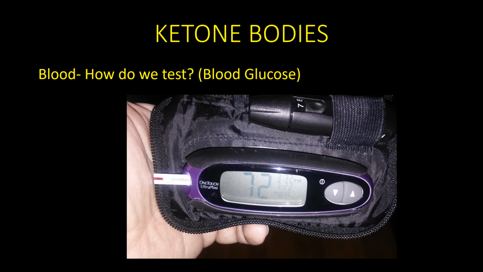It is a spring-loaded device with a needle-like device they call a lance, and you cock it and you fire it into your finger, and you get some blood. Sometimes you have to massage your finger to get a drop of blood, and then you use that little paper strip sticking out there. You soak up the blood, and it fills up that little red rectangle there. And you do the same procedure for measuring ketones, and then you get a number on the screen like you can see here.